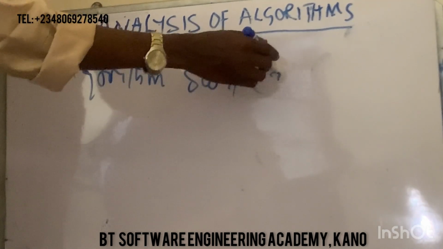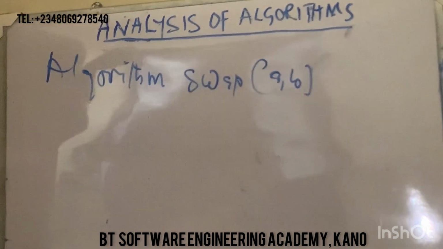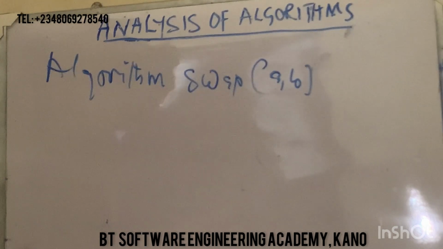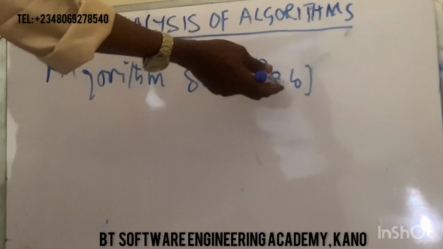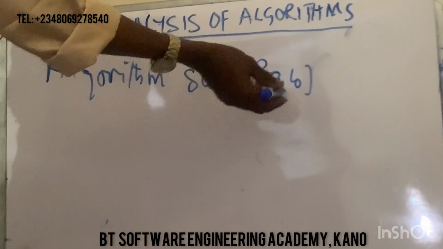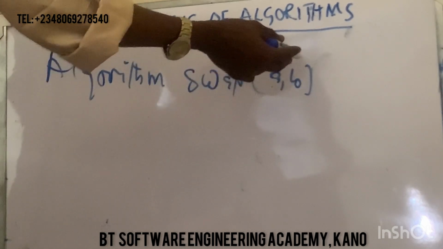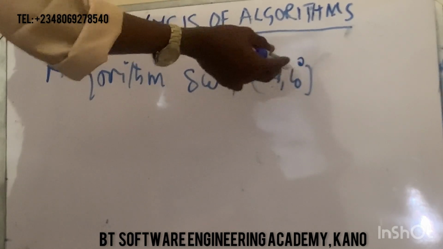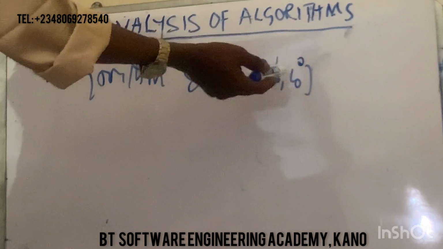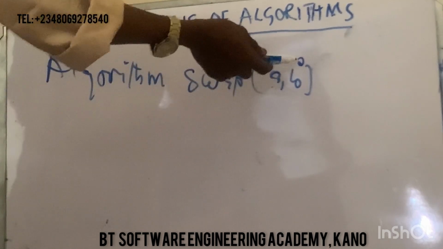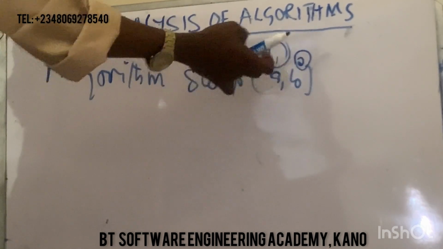I give it two inputs, A and B. The action that I want this algorithm to do is to take the values of A and B and swap them, that is, exchange the values. If A is 1 and B is 2, I want to write a procedure and instruction that tells the computer to take the value of B and exchange it with the value of A.